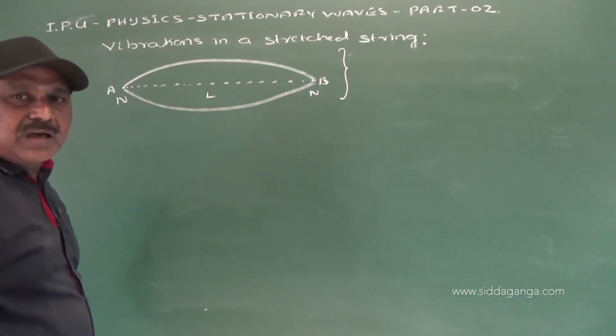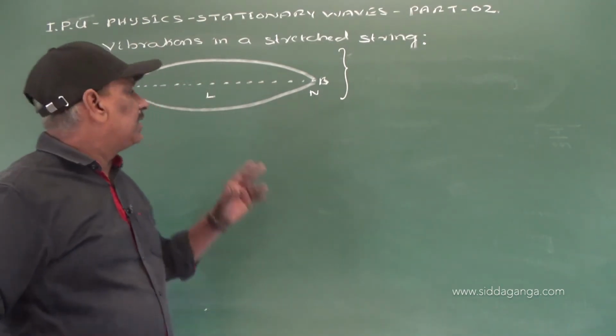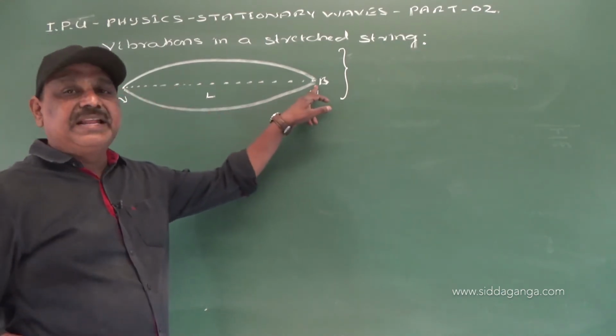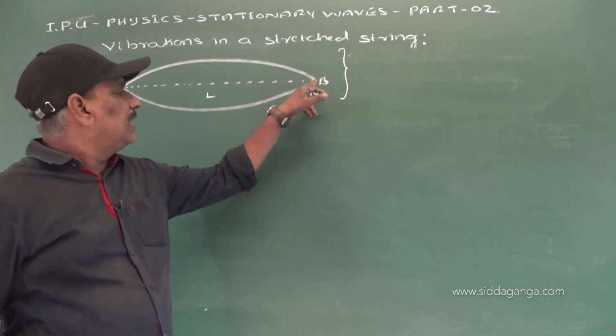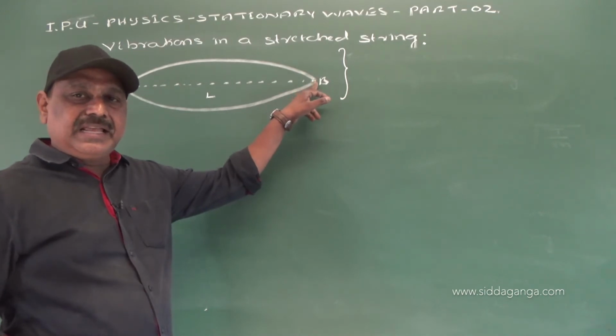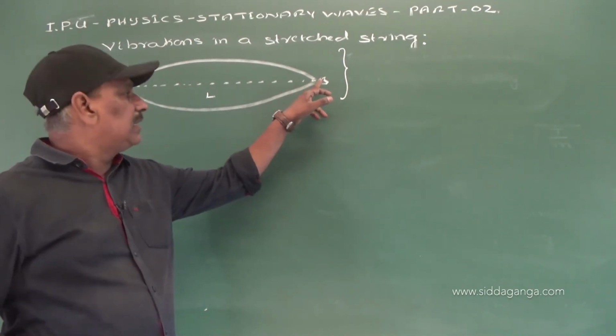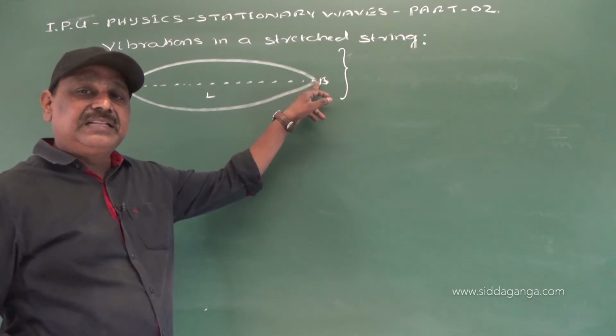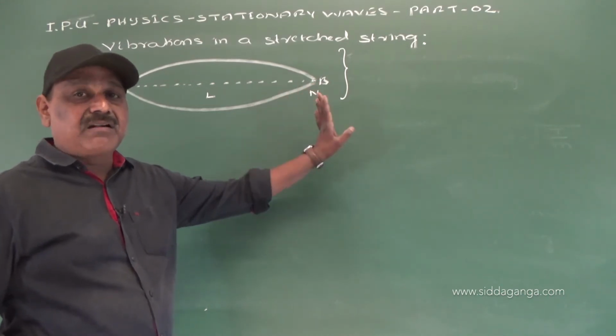Two nodes are always formed at the two fixed ends of the wire, because since the end is rigidly fixed, the particles at the end of the string will not vibrate.